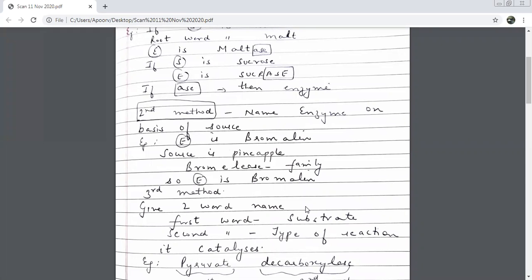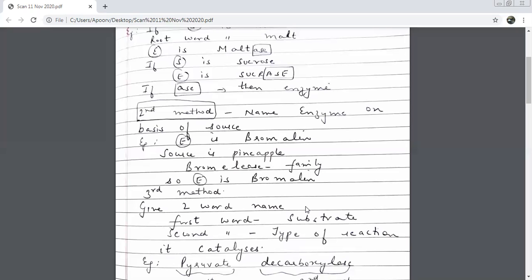EC1? Oxidoreductase. Function: oxidation and reduction. EC4? Lyases. Isomerase.